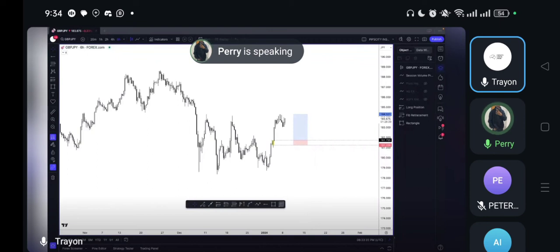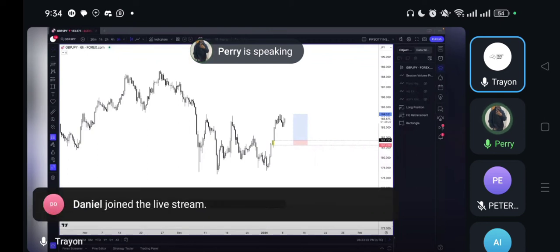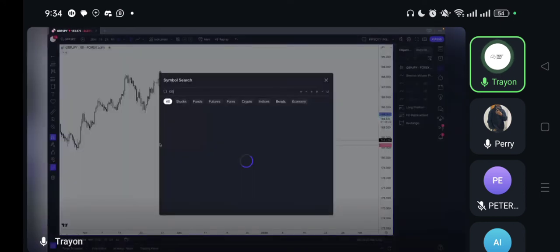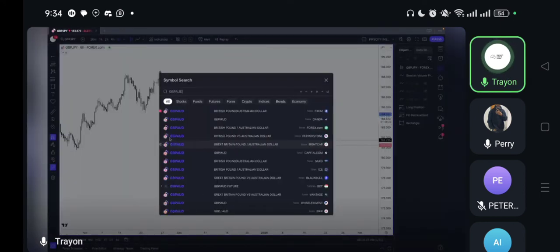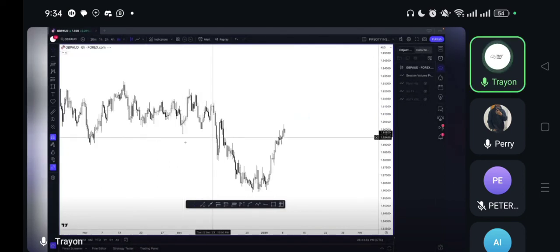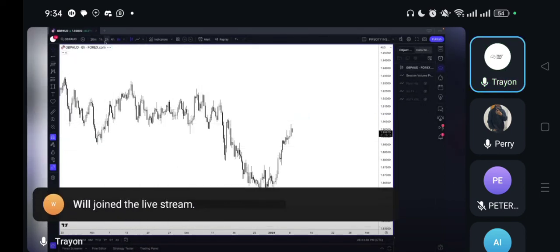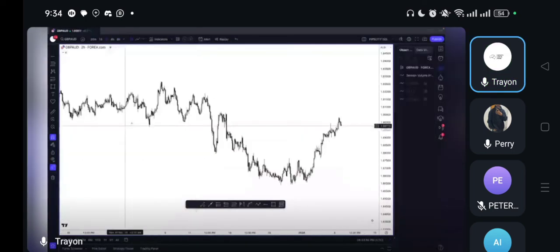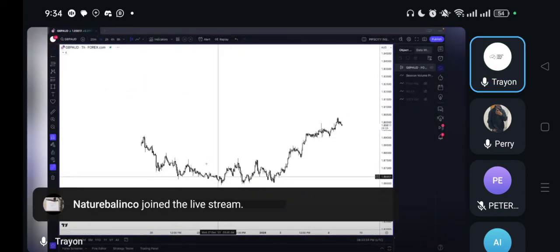Okay, thank you. If you look at the trade I gave you guys on GBPAUD several weeks back, let me see if I can find the setup. I think it was on the 1 hour, for sale.